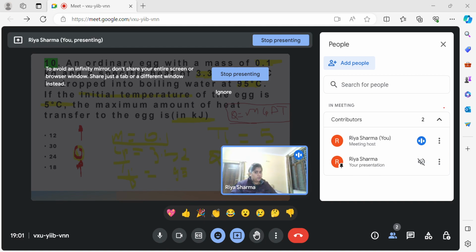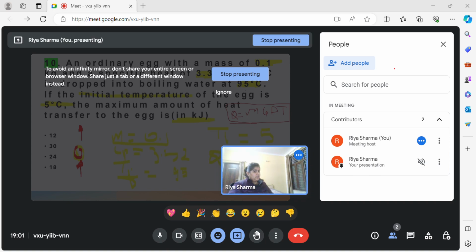Now it is just putting in the values directly. You have the m value, the Cp value, the final temperature and the initial temperature you have written. Check the units and you will get the answer. So it is an egg with a mass of 0.1 kg and a given Cp value, put in boiling water at 95 degrees Celsius.